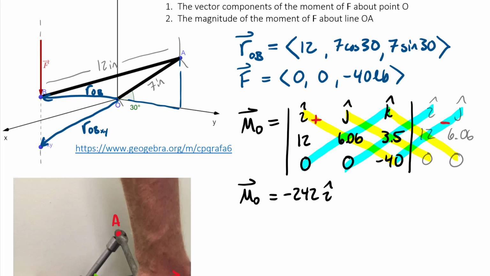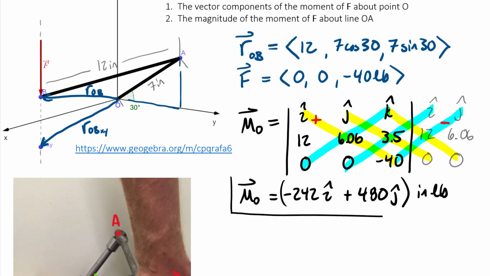And I get the negative basically just of 40 times 6.06. And then in the j hat, I have 12 times negative 40, but then I take the negative of that whole thing, and this becomes a positive 480 in the j hat. And the units on this are going to be the product of the units of the length and the force, so this is going to be inch pounds. Okay, so this would be my answer to part 1, my moment around point O.